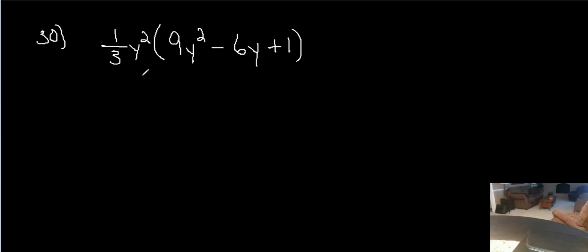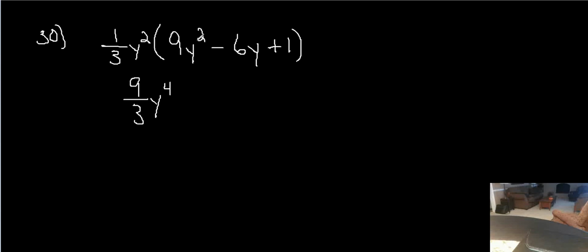Okay, next we have one with a fraction in it that we'll do the distributive property with. Let's say I multiply 1/3 times 9, and that would give me 9 over 3 y squared times y squared is y to the fourth. I'll do an intermediate step here.